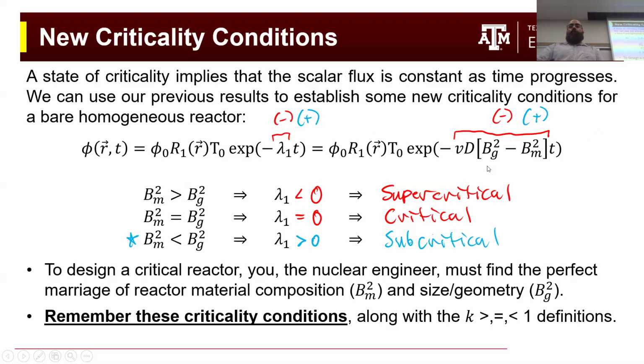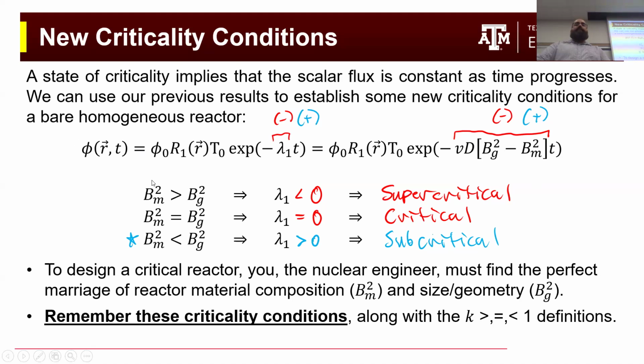So the BG squared and the BM squared tell you about different things. Sorry, the BG squared only depends on geometric properties, and the BM squared only depends on material properties. So the way that I think about this is that your materials are ultimately what's going to dominate whether you can make a reactor critical or not.